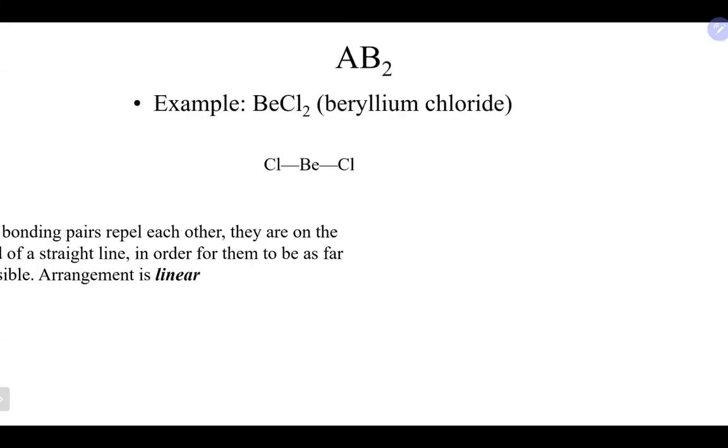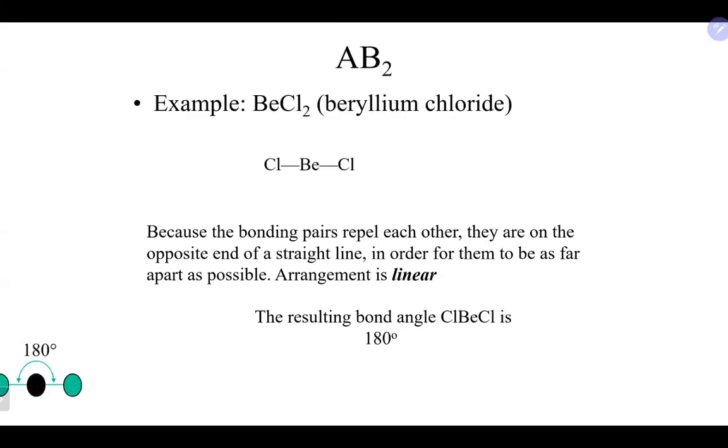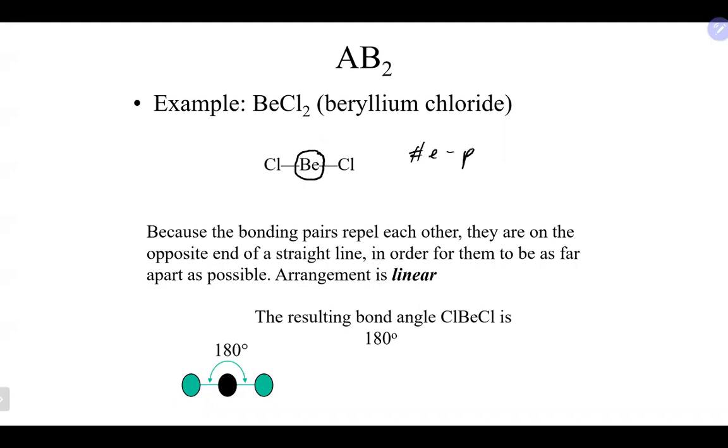When we get into three or more atoms, we do have to look at a couple of things. First off, we do need to look at the central atom. So in this case, we are going to look at the central atom 100% of the time. We're going to do the number of electron pairs. Number of electron pairs here around the central atom is 2.